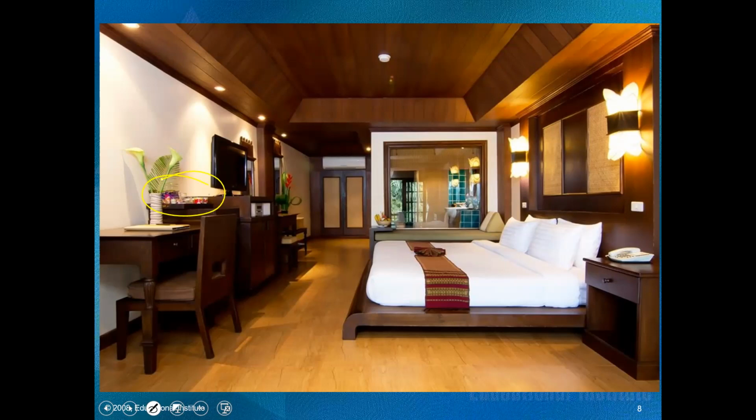But now there's one that has the sensors. That's exactly what I was going to say. So the technology is improving to where if you pull something out of that mini fridge, it's automatically going to charge you for that.